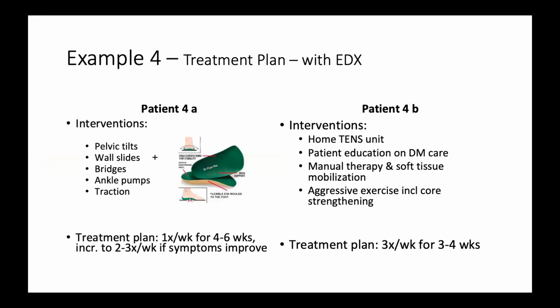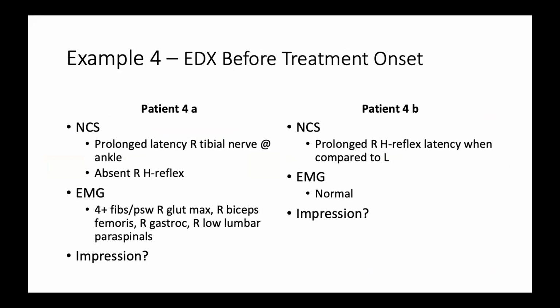So patient 4A, one thing that was in there, but nobody picked up on it, and I'll go back to the electrodiagnostic findings, was a prolonged latency of the right tibial nerve at the ankle. So slowing of the nerve at the ankle, slowing identifies nerve compression.